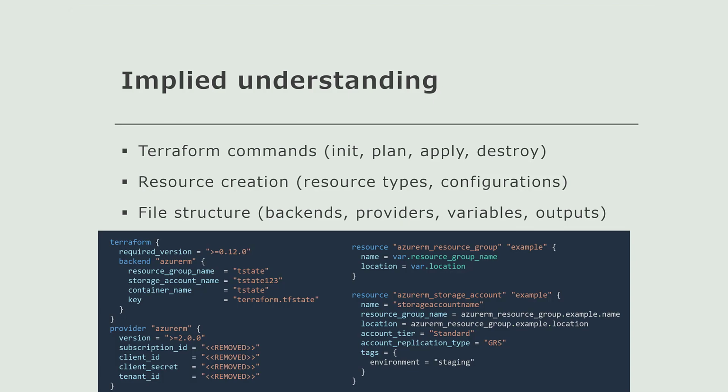And then finally, for the file structure, the backends, providers, variables, outputs, the example Terraform file at the bottom of this screen, we're assuming that you understand the different constructs within there. So we don't need to go into detail to explain what those pieces do and how they operate.